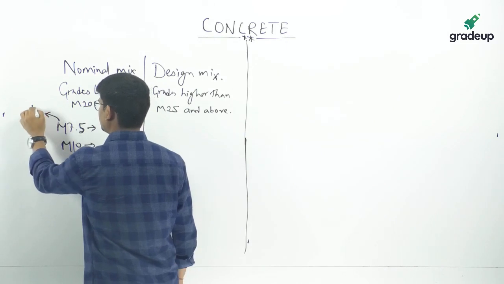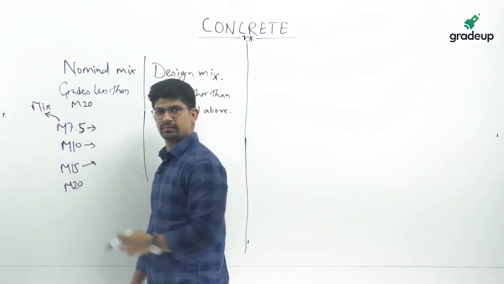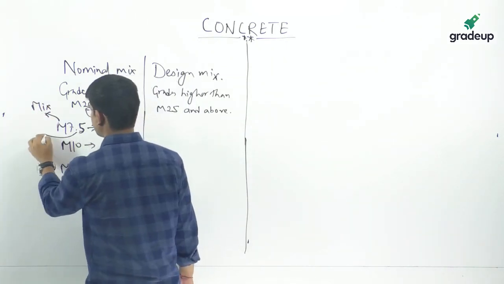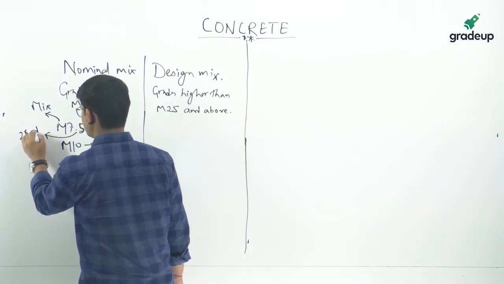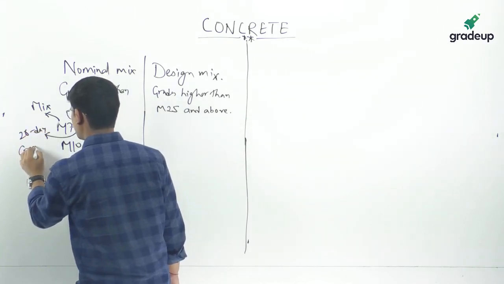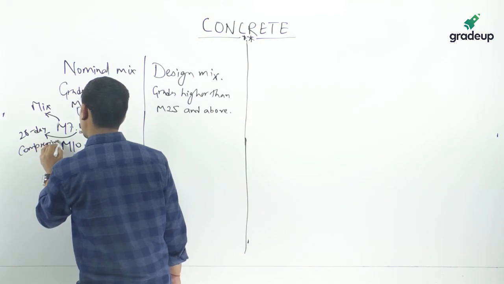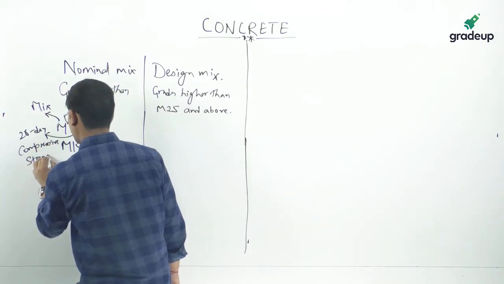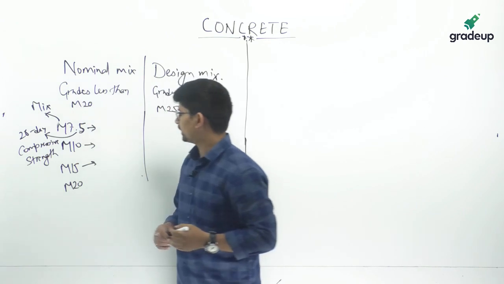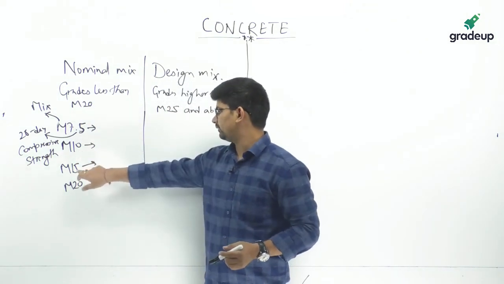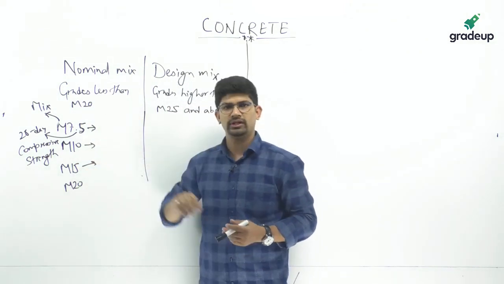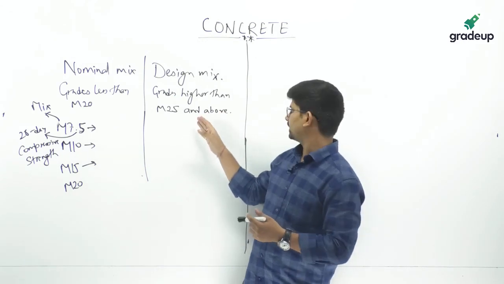M here denotes mix, and the 7.5 here signifies the 28 day compressive strength. So M7.5, 10, 15 and 20, only these are the nominal mix grades.